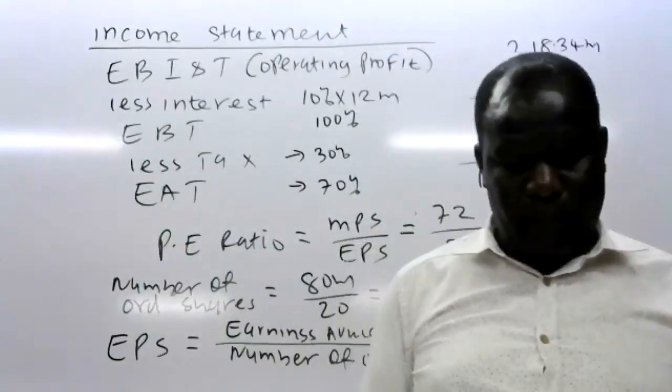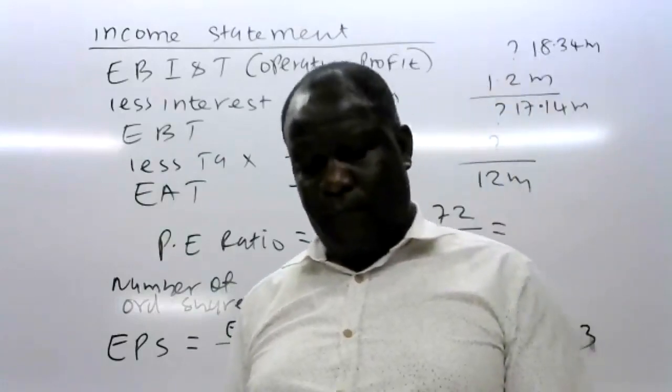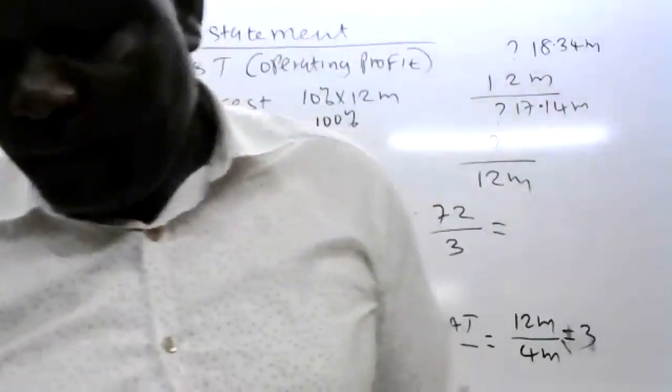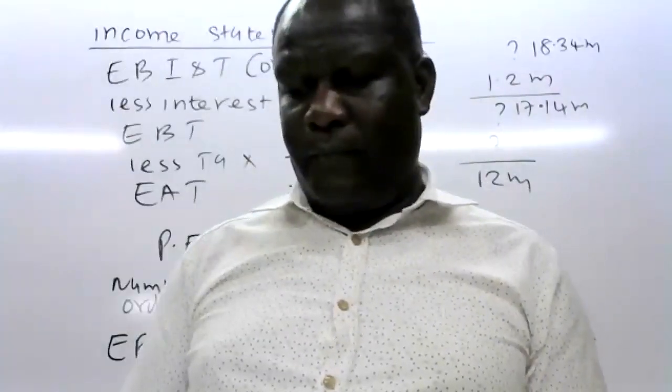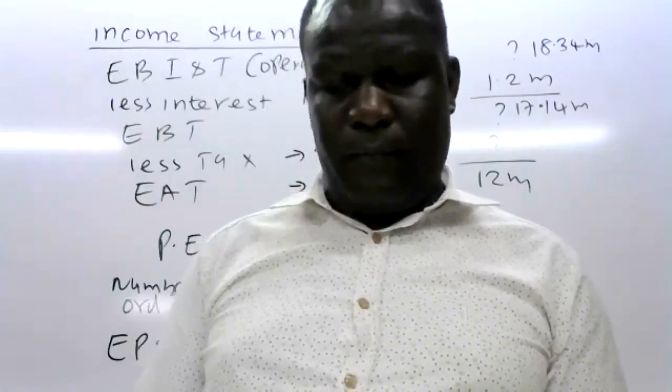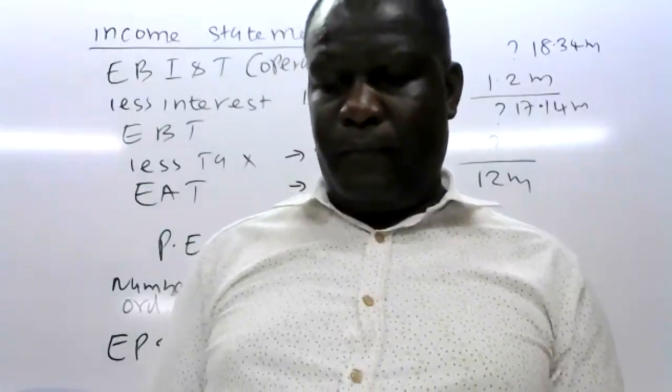You can get 12,000. So 12,000 multiplied by 204,000.